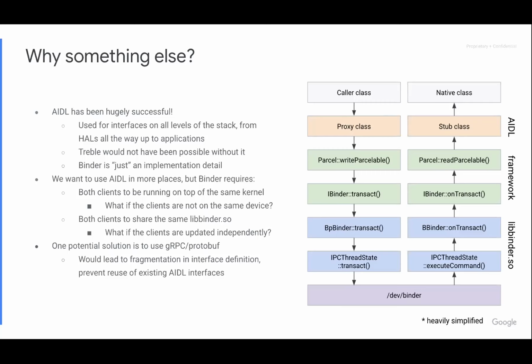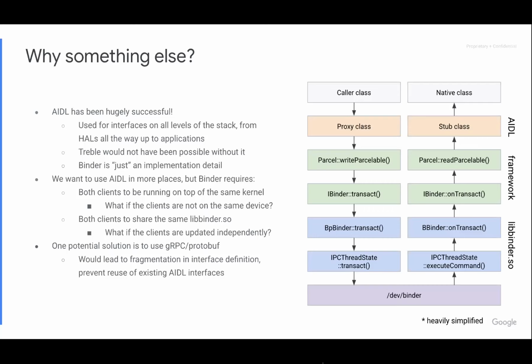So AIDL is successful, and we want to use it in as many places as possible. But at some point, we're going to start hitting the limits of what binder underneath can actually do. First of all, binder requires both clients to be running on top of the same kernel, obviously, which wouldn't work if the two clients were not running on the same kernel, like being on two different devices.